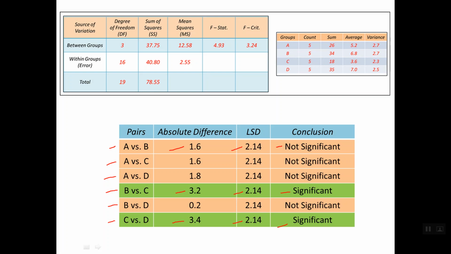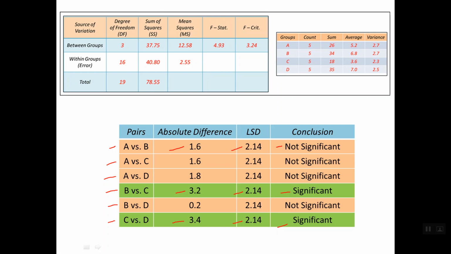As a conclusion, we have 4 non-significant pairs, while we have 2 significant cases for 2 pairs only. These are all the calculations that we need for this question.